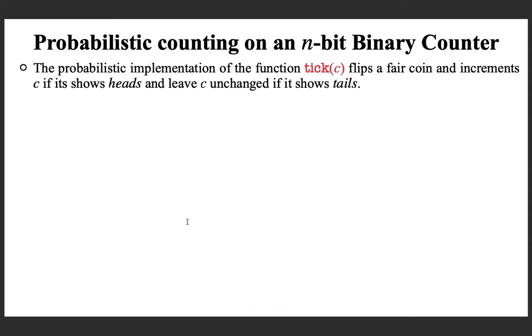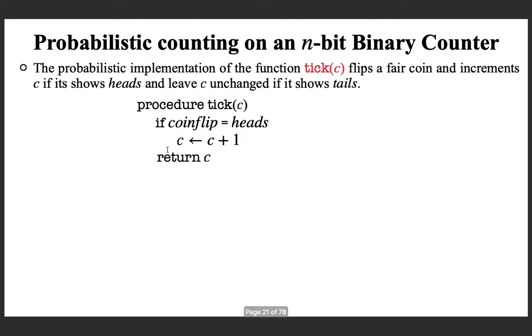For implementing the tick function in a deterministic case, without any condition checking, the count will be incremented and the function will return. But here what you do is you flip a fair coin, and only if heads comes you increment, otherwise you don't increment. So this is the implementation.